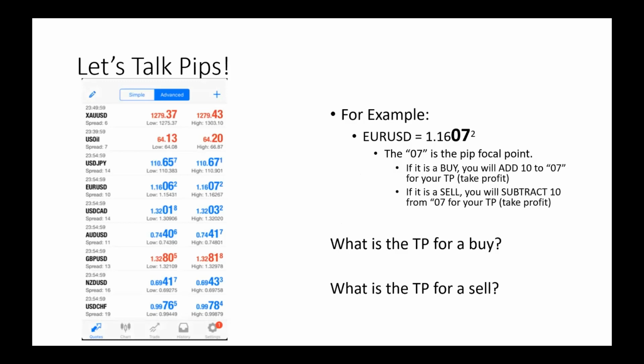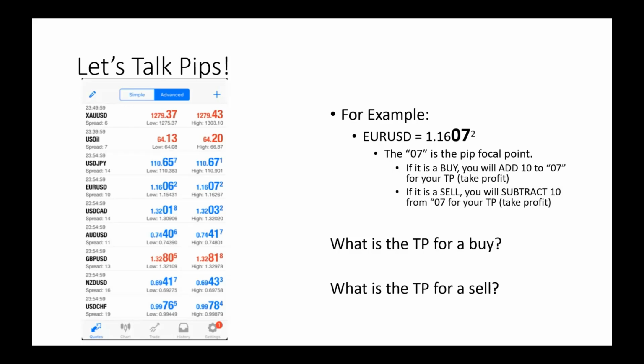Now, for an example, EUR USD, our entry point is 1.16072. The 07 is the pip focal point. So anything that you see 4 to 5 numbers after the decimal point, you're going to add 10 or 20 or 30, but right now we're just going to focus on 10 pips to the 3rd and the 4th number.